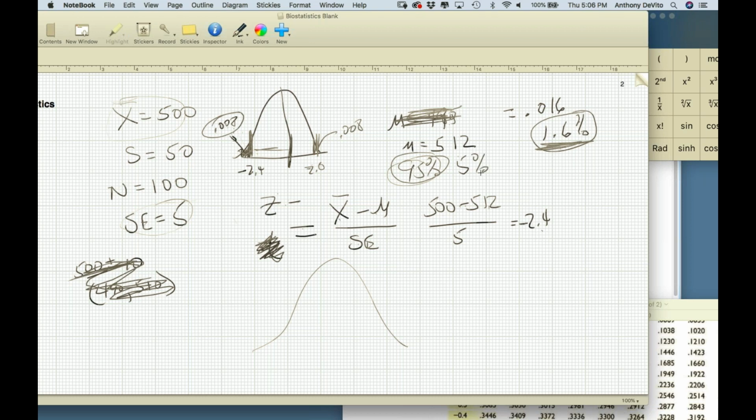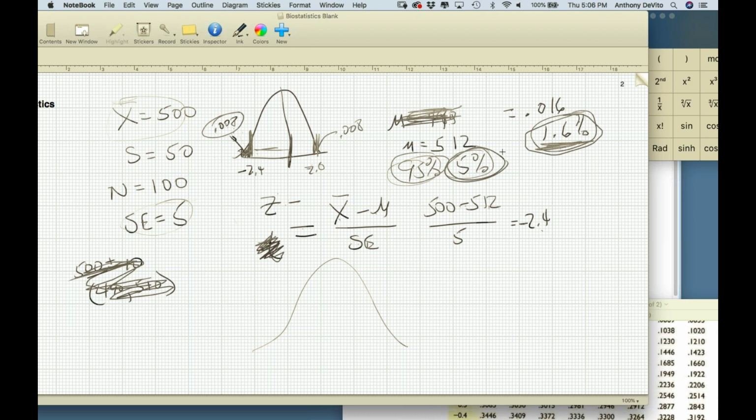So what are my odds of being wrong if I say they're different, if they're that far apart? It's 1.6%, but I'm willing to tolerate a 5% chance of being wrong.